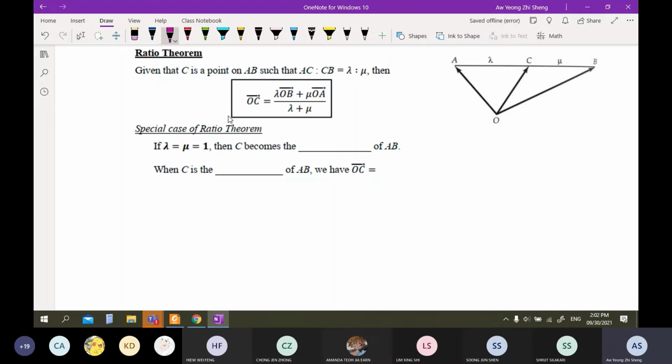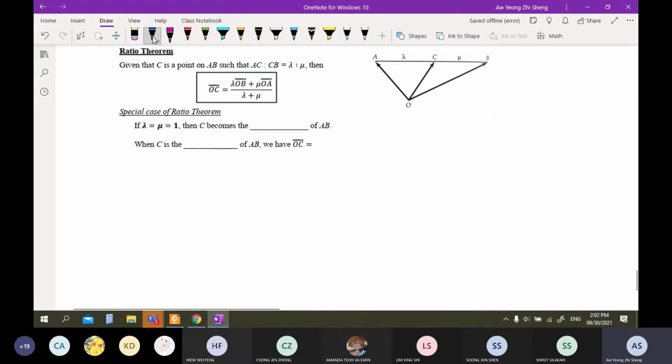If you can recall in the chapter of coordinate geometry, we also learned something similar where you want to break a line segment into two parts. Let's call the points A and B. You want to break the line segment into two parts, but C is not the midpoint. Let's say you want to break it into parts with ratio 5 and 2, where AC to CB equals 5 to 2.